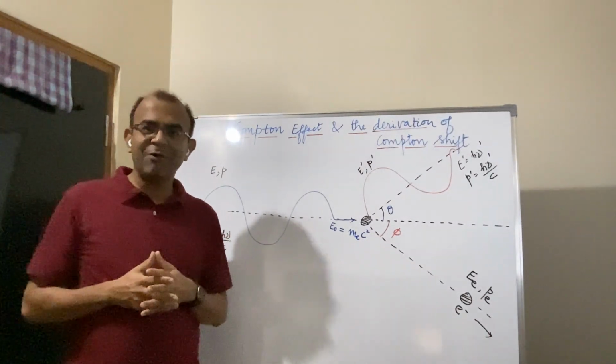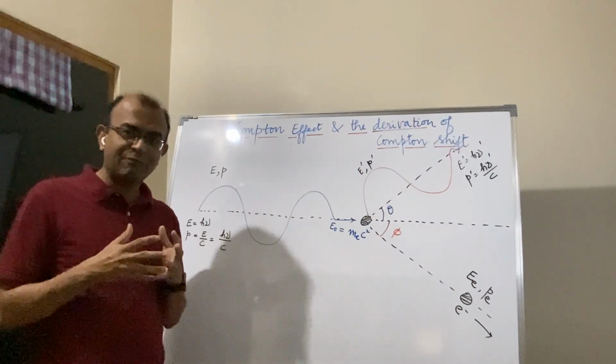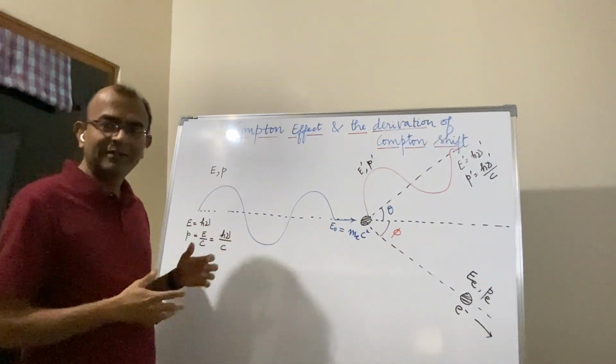The schematic diagram of the Compton scattering process is drawn here.